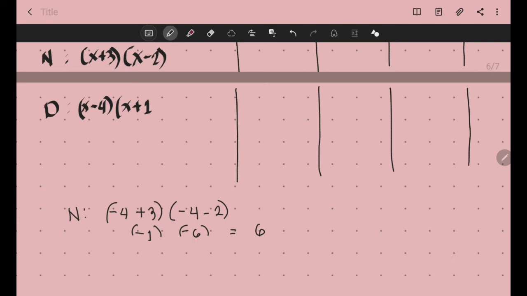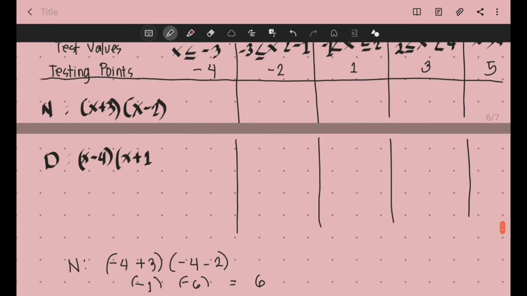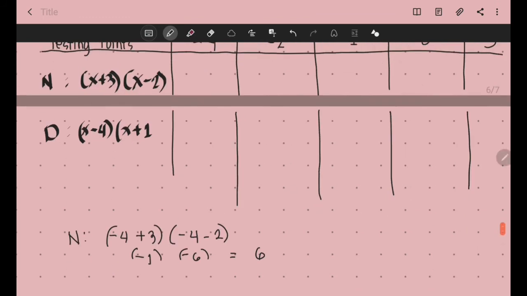Okay. So, ang ilalagay natin sa sign table, since that is a sign table, ay yung sign lang nung resulta ang kukunin natin. Since that is positive 6, ibig sabihin, when x is negative 4, the result of our numerator or the sign of our numerator is positive.